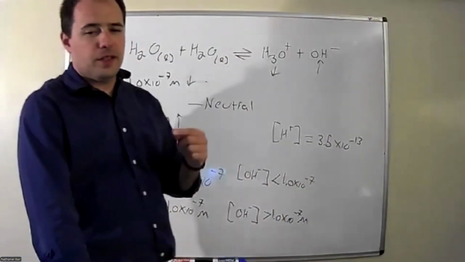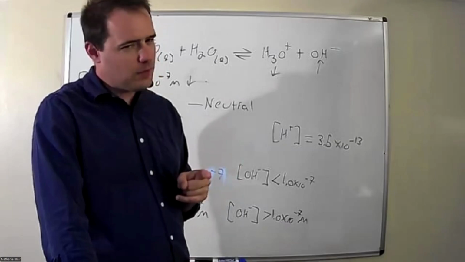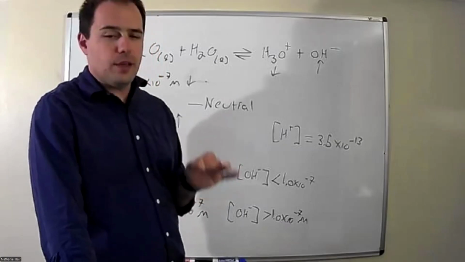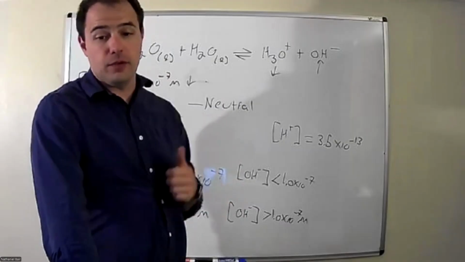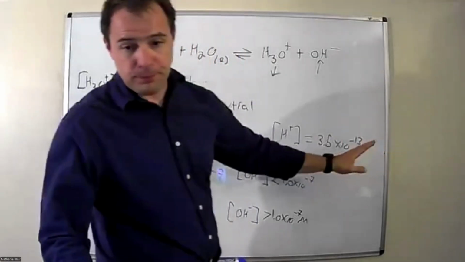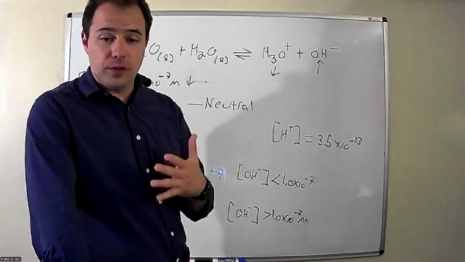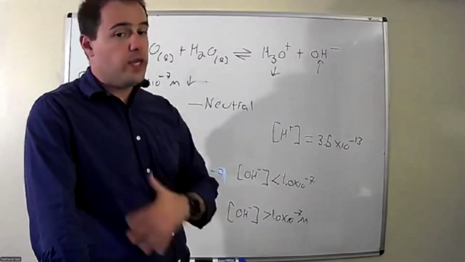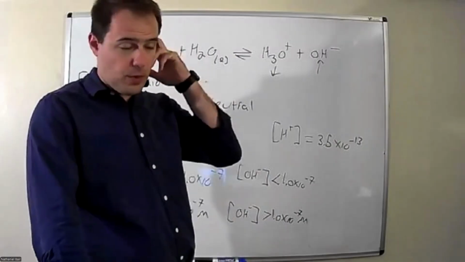So chemists tried, and I don't think they achieved it, but they tried to simplify this for the average Joe that doesn't understand scientific notation. And they said, well, if we got rid of the scientific notation, then we could come up with this scale where they don't have to read numbers and understand decimals and negative exponents.